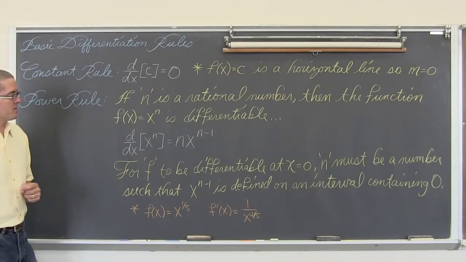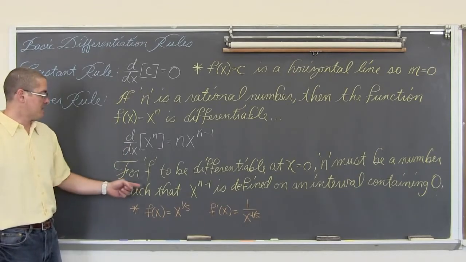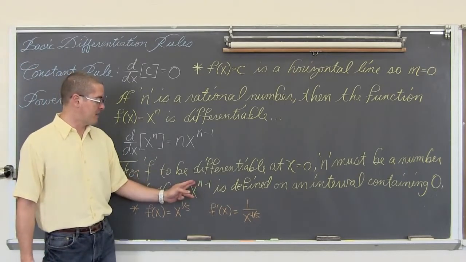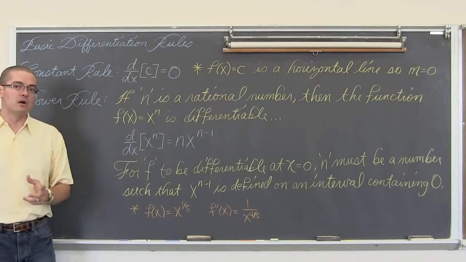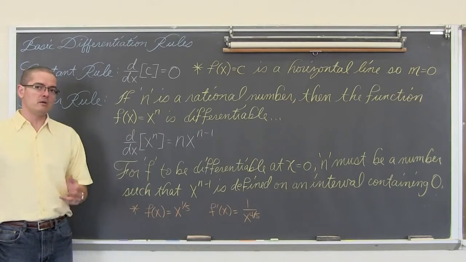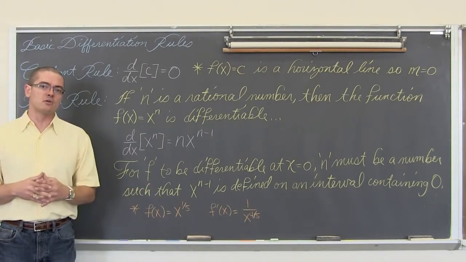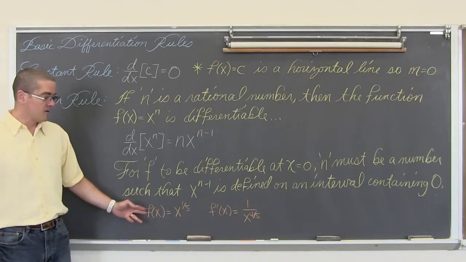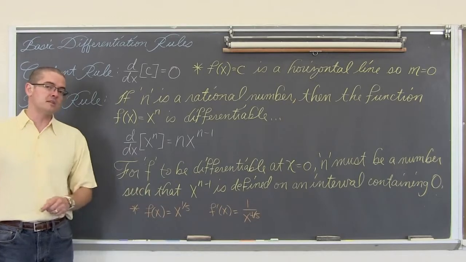For f to be differentiable at x equals 0, n must be a number such that x raised to the n minus 1 is defined on an interval containing 0. We had an issue with this in my video where we used the definition of a derivative to find the slope of a vertical tangent line. My function in that example was f of x equals x to the 1/5 power. This is defined at 0.